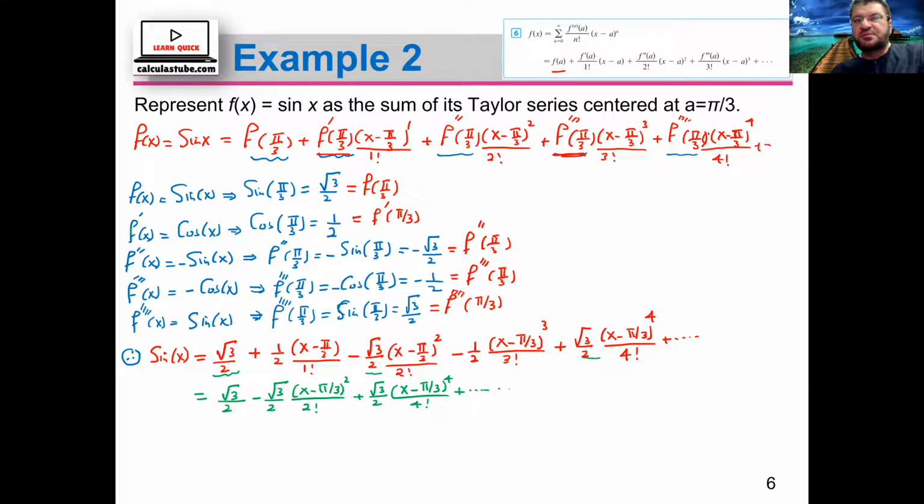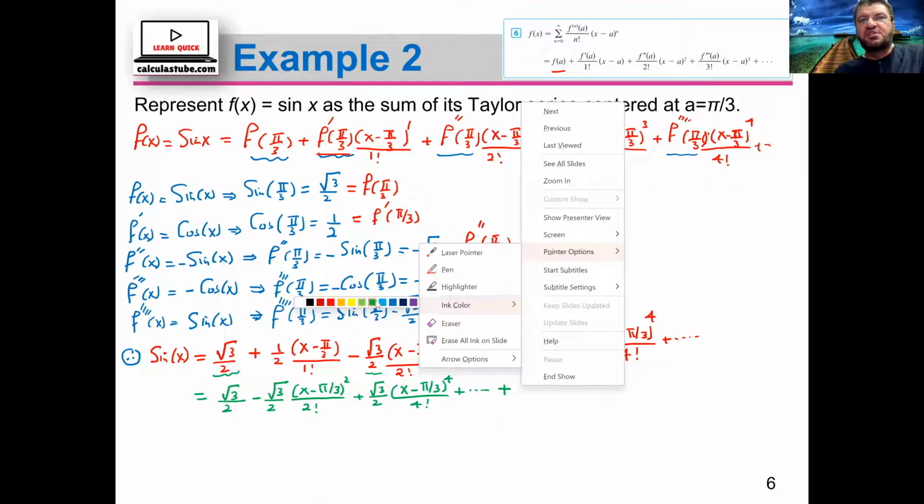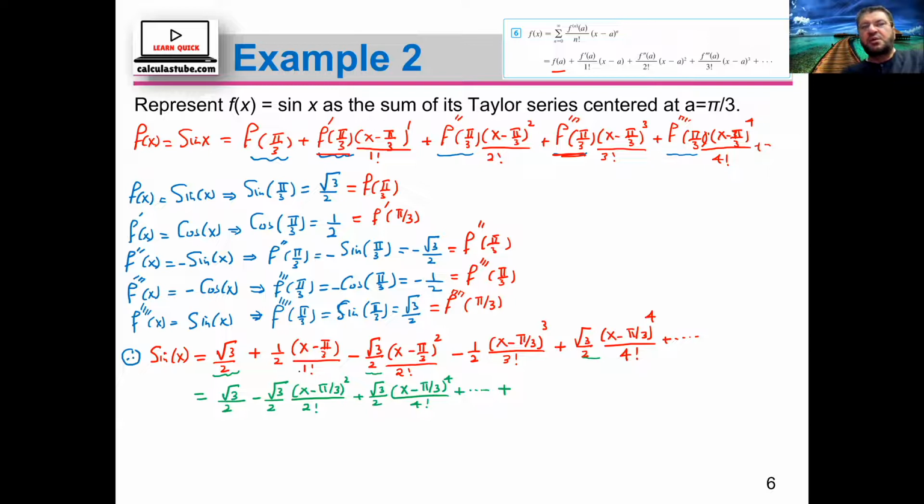Then plus, now I'm going to go to the other part, change the color, and use black. Now let's focus on the half, guys. Here is half, and there's another half. So I'm going to write half plus half x minus pi over 3 to the power 1 over 1 factorial.